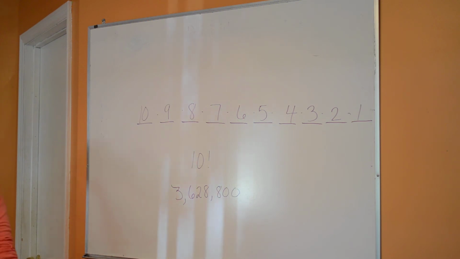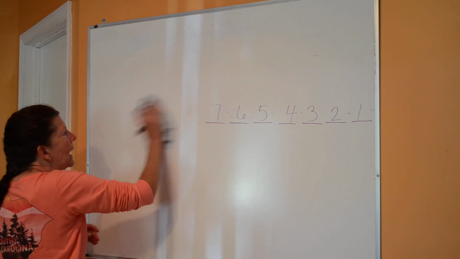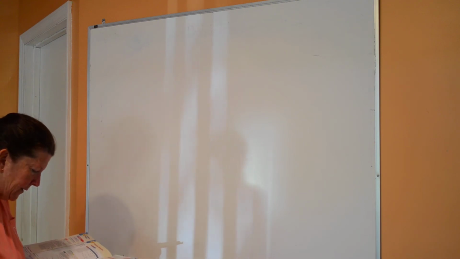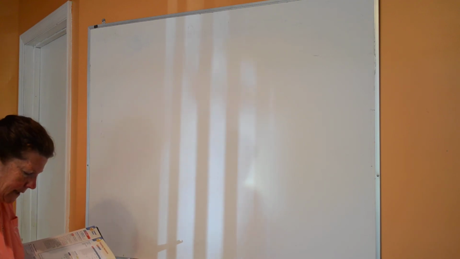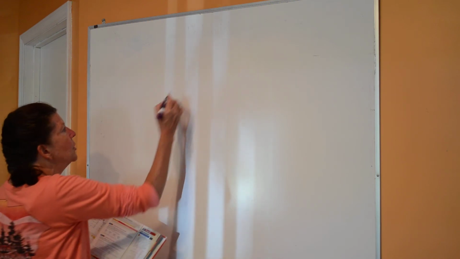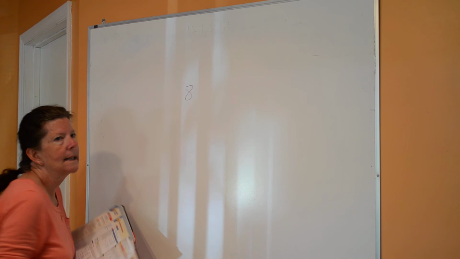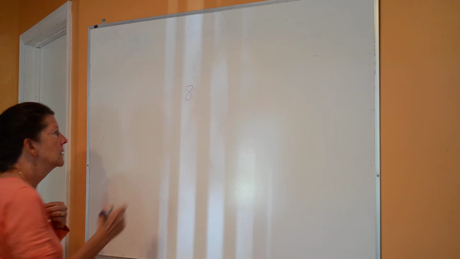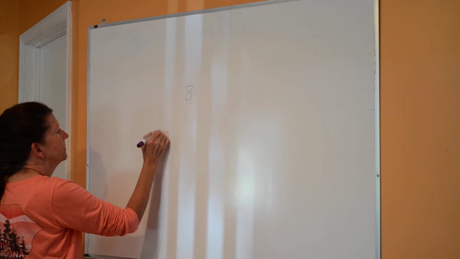Let me give you one to try, and then you come back to the video and make sure you got it right. There are 8 students in an algebra club at Central High School. The students want to stand in line for the yearbook. How many ways could 8 students stand in line? Do that problem and then come back to the video.